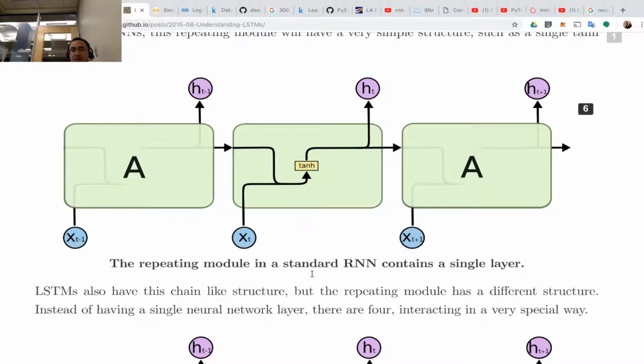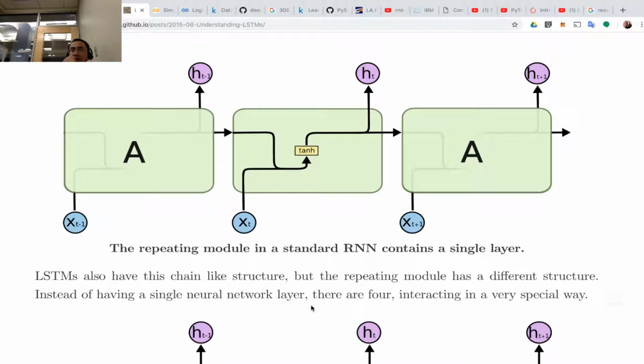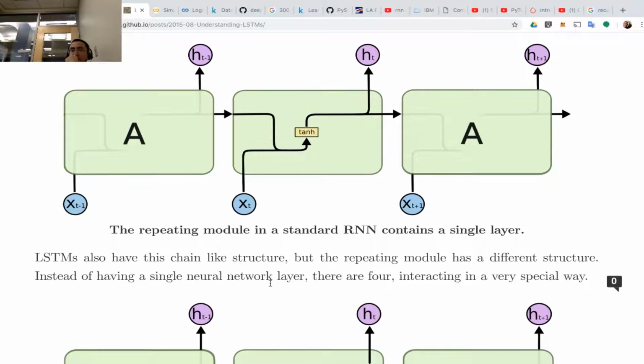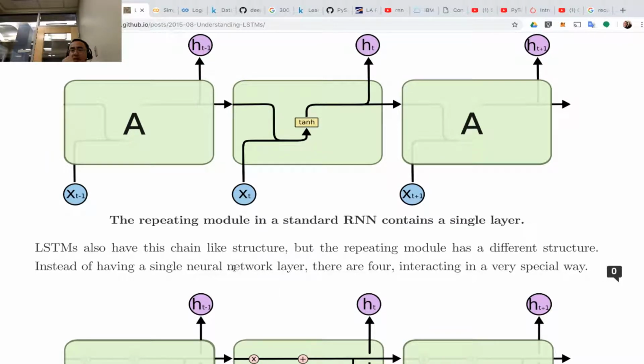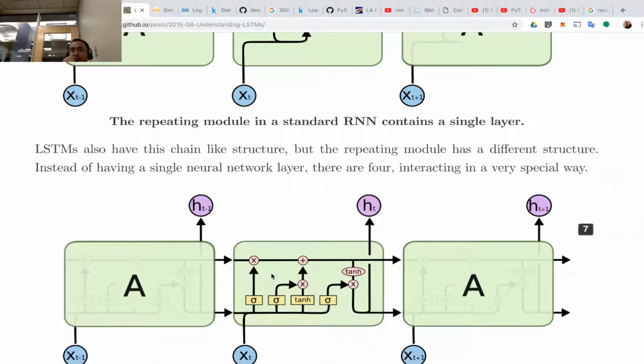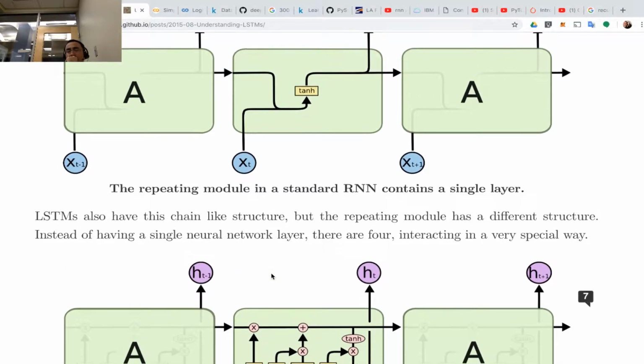LSTM also have this chain-like structure, but the repeating module has a different structure. Okay, so this is the repeating module. But instead of having a single neural network layer, there are four interacting in a very special way.